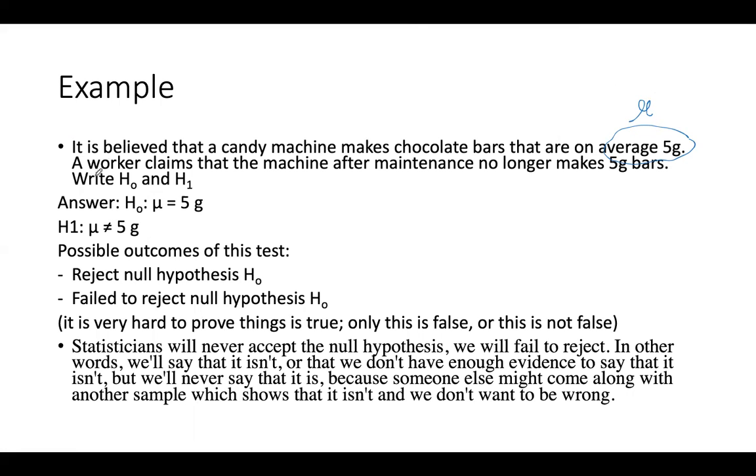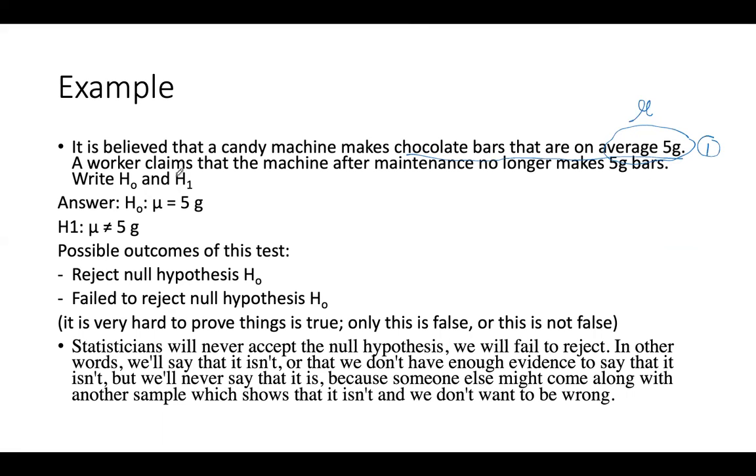Then a worker claims that the machine after maintenance no longer makes such a bar. So we have 2 statements here. First, the candy machine makes chocolate bars with an average of 5 grams. This is statement number 1.